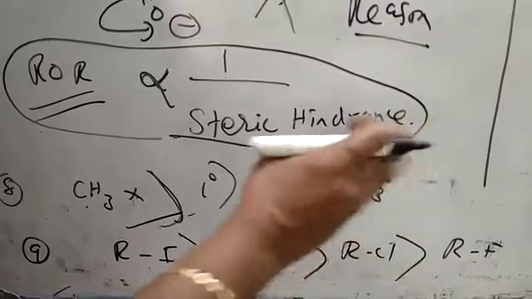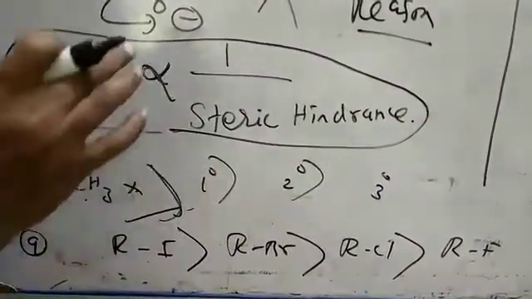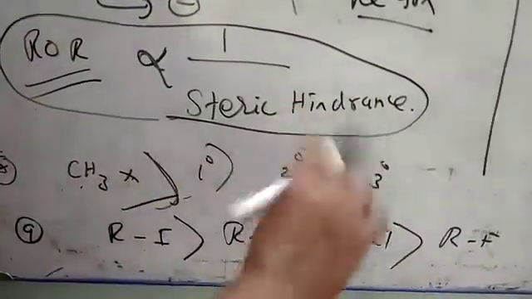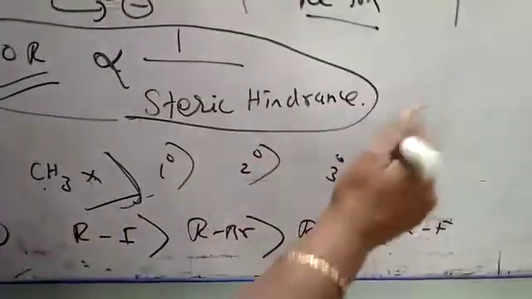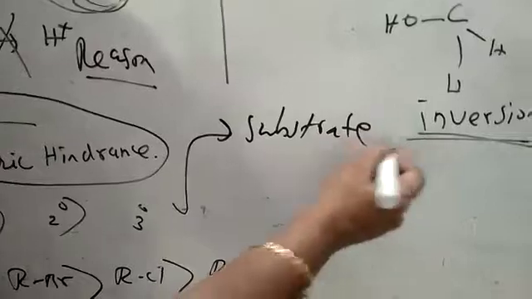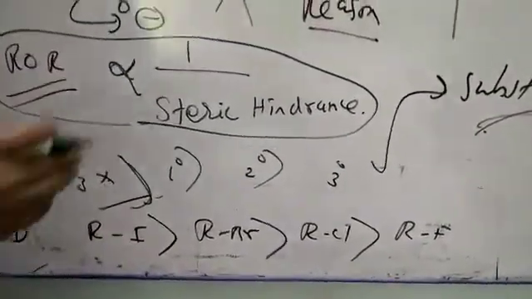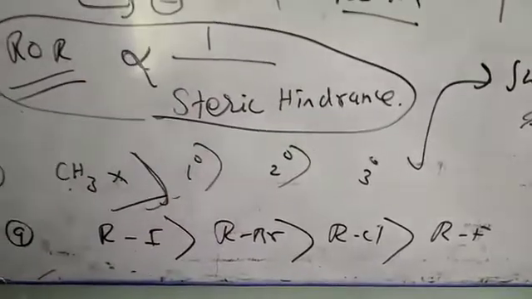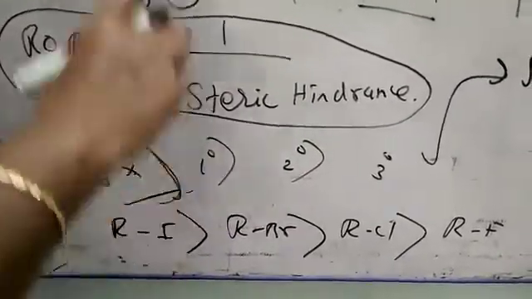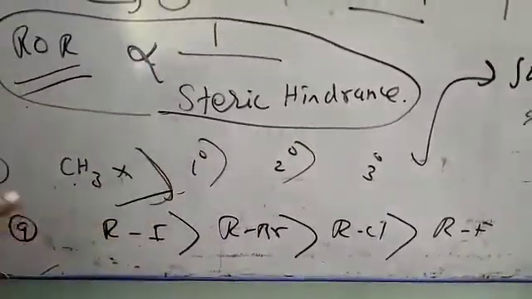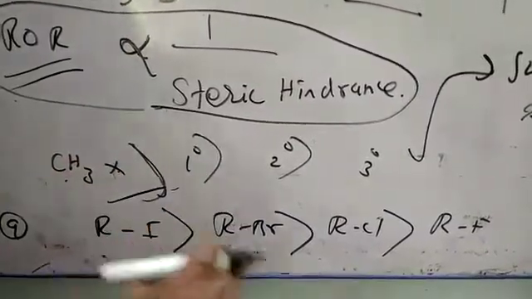So it has lesser reactivity and methyl is the most reactive. This is applicable to the substrate. This is the order of reactivity. Primary is preferable because primary has less steric hindrance. That's all.